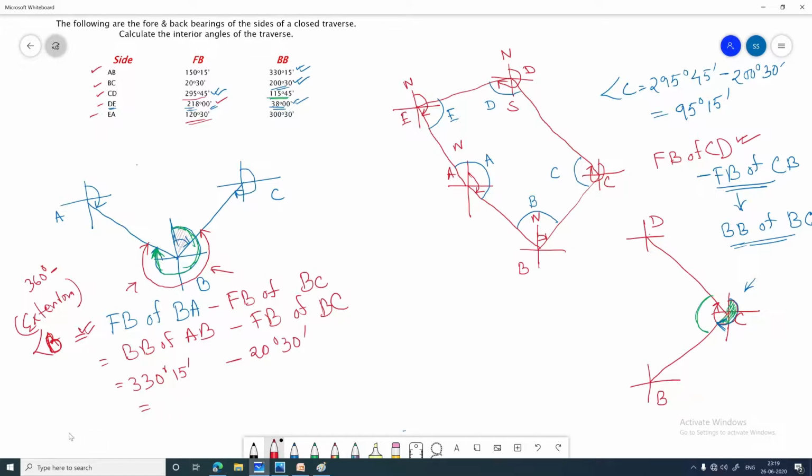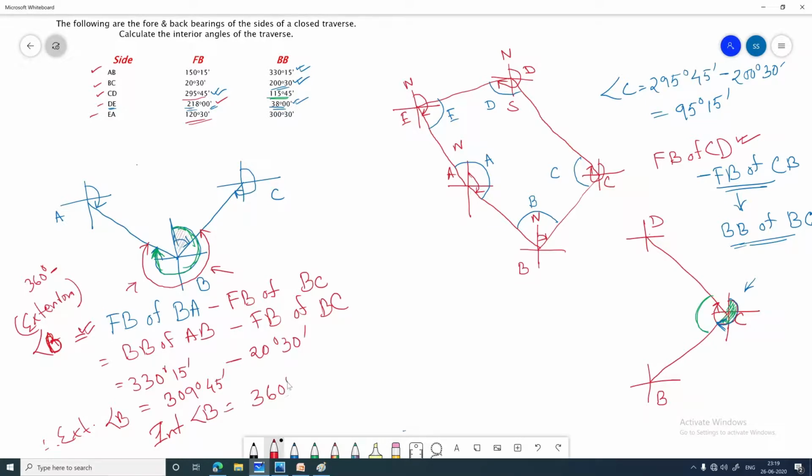So the exterior angle B will be 309 degree 45 minutes. Okay, you just cross check. Now what will be the interior angle B?